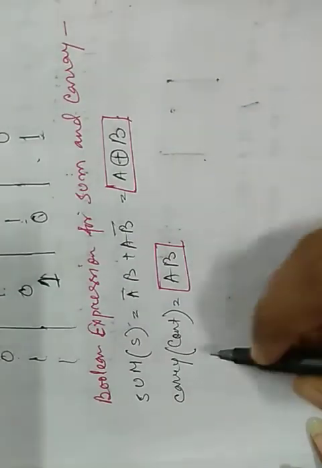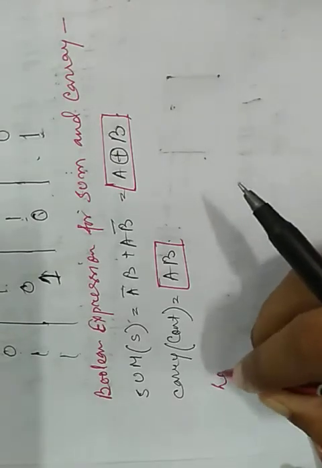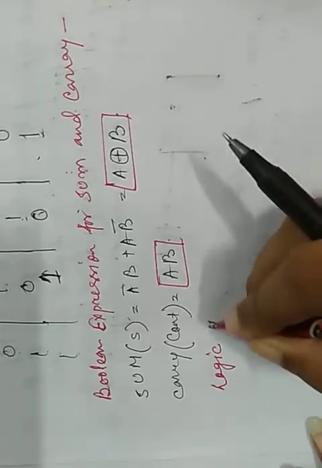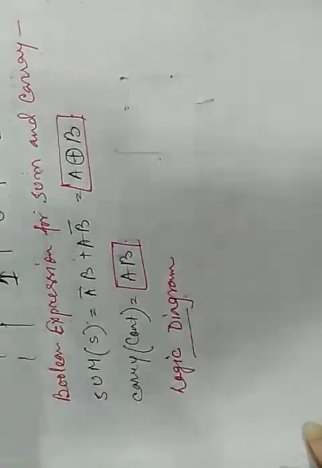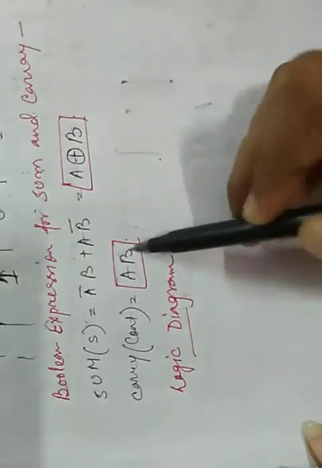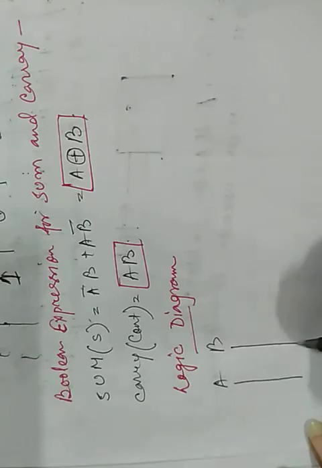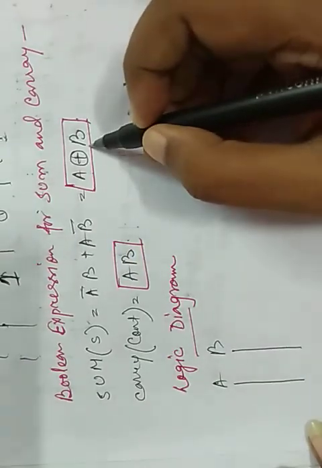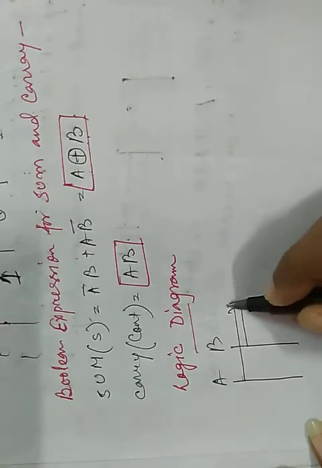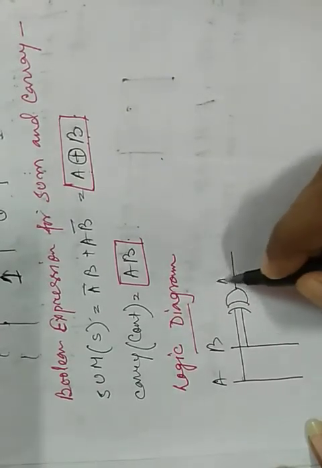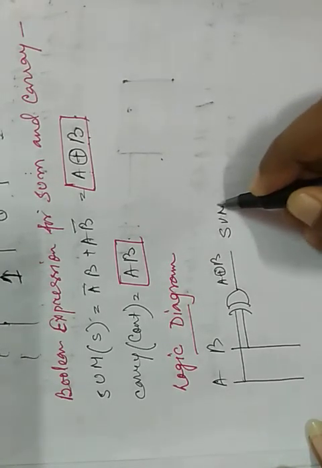Okay, now let us draw the logic diagram. Our inputs, there are two inputs obviously, A and B, and we know that for sum it is exclusive OR, that means A XOR B. So A, B go into an exclusive OR gate, and this output is S, sum.